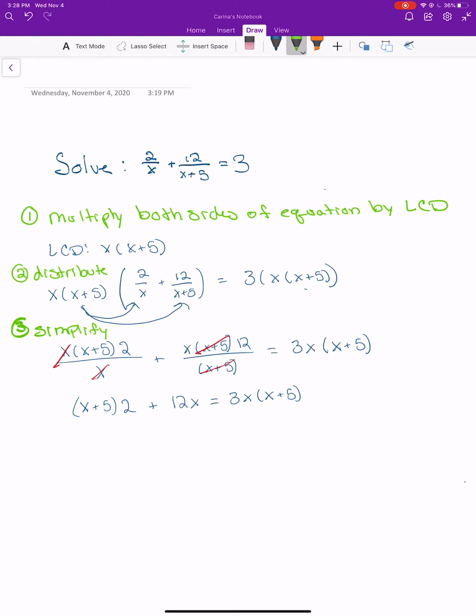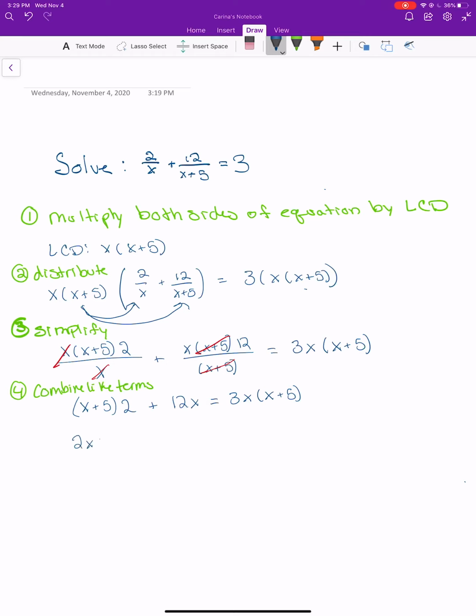And then step 4, combine like terms. That's really part of simplifying, but just to add an extra step in case you get stuck.